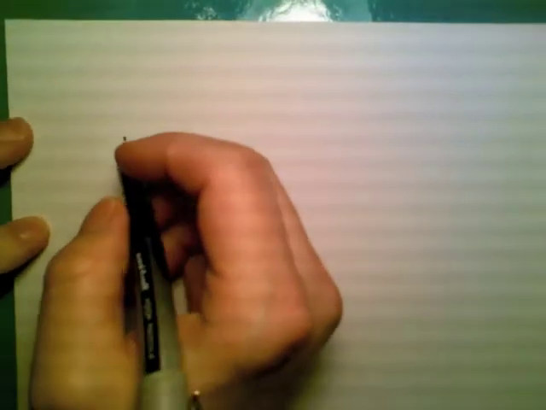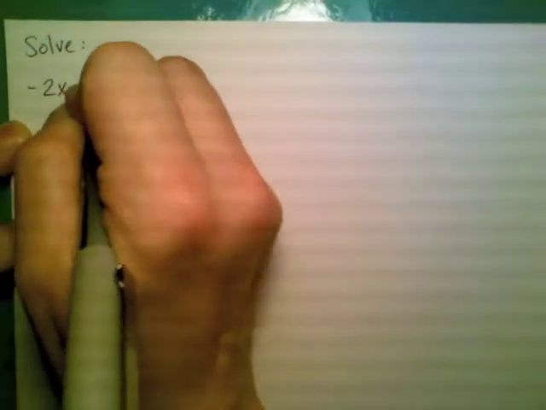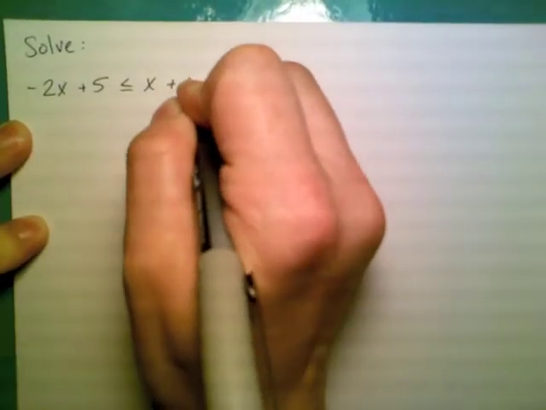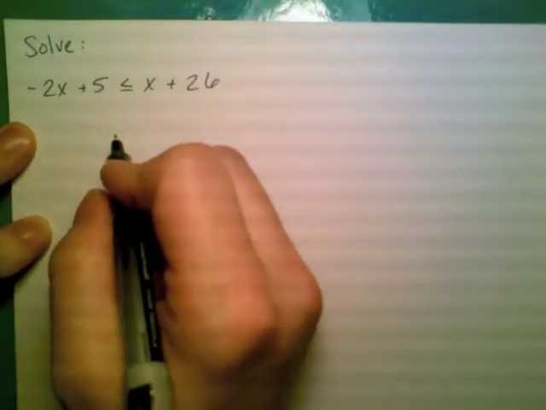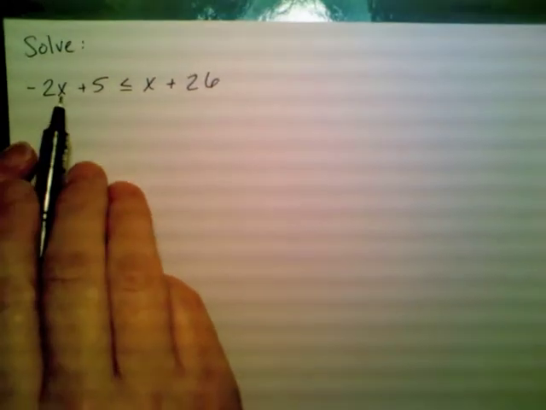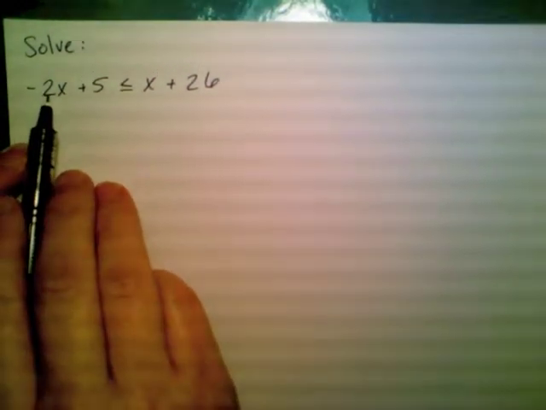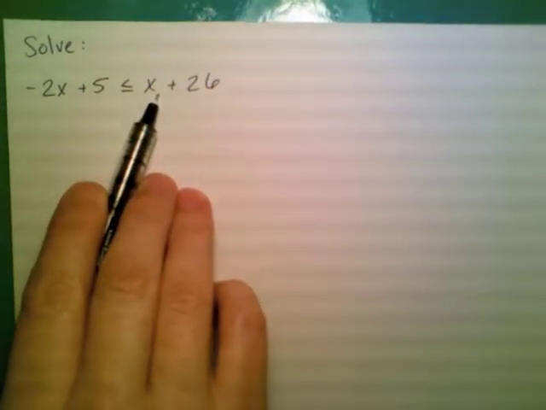For our last example in this video, we'll have negative 2x plus 5 is less than or equal to x plus 26. So now we want to get all of our x's on one side, and it would be something that we could do to move the x's to this side, and then everything would be positive and lovely.